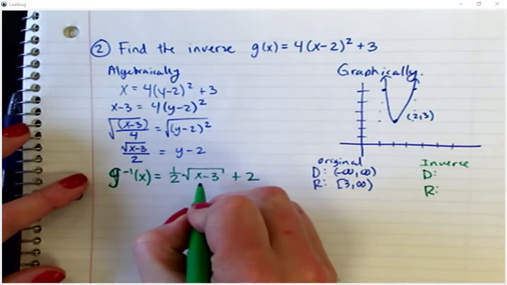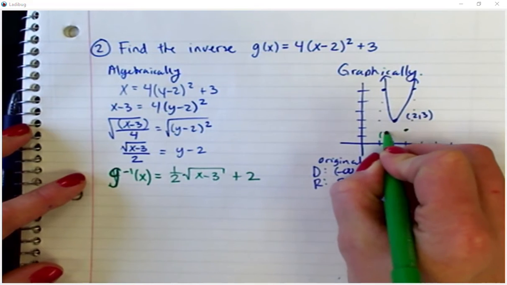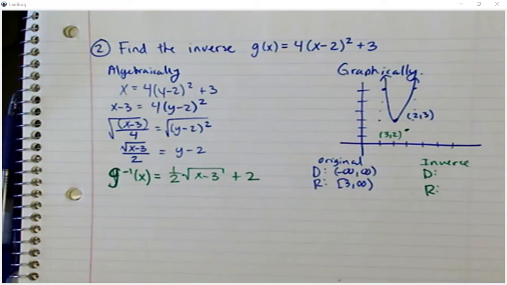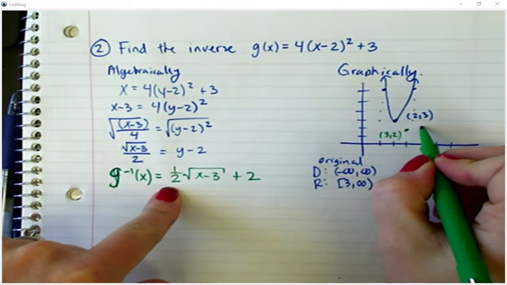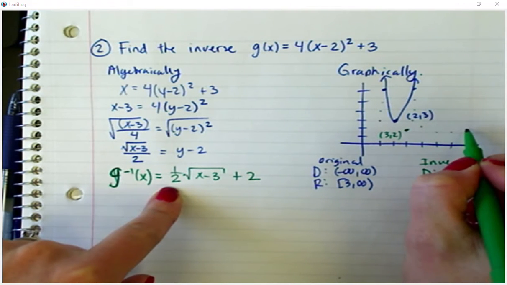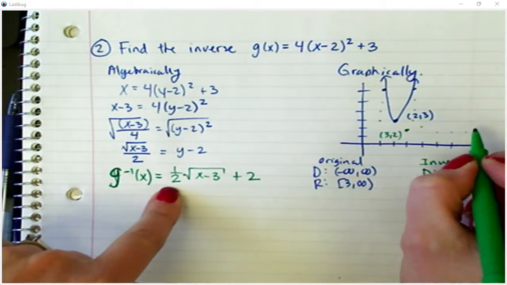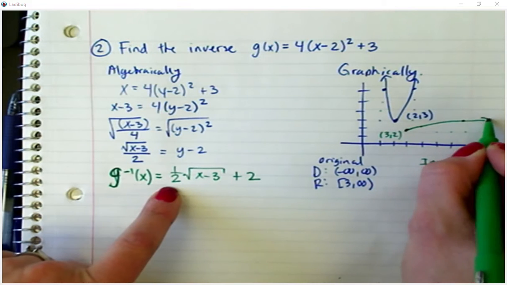Okay? So this is right 3, up 2. Okay, that seems reasonable. My vertex or my starting point is switched. And this graph says over 1, up 1/2, over 1, 2, 3, 4, up 1. That makes sense. Okay, that works.